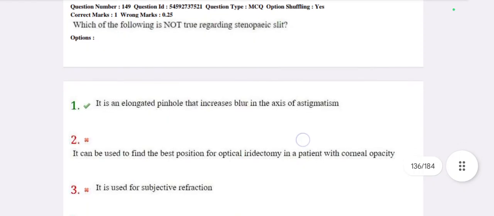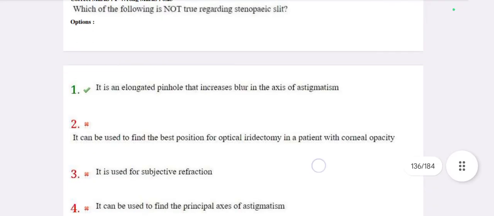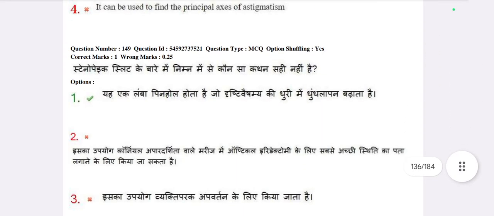Next question is, which of the following is not true regarding Scheiner's slit? Correct answer is it is an elongated pinhole that increases blur in the axis of astigmatism.